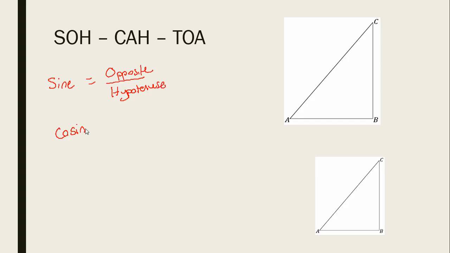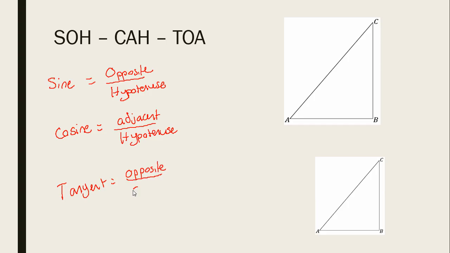Cosine, this is CAH, is equal to the adjacent over the hypotenuse. And TOA, which means tangent, is equal to opposite over adjacent.